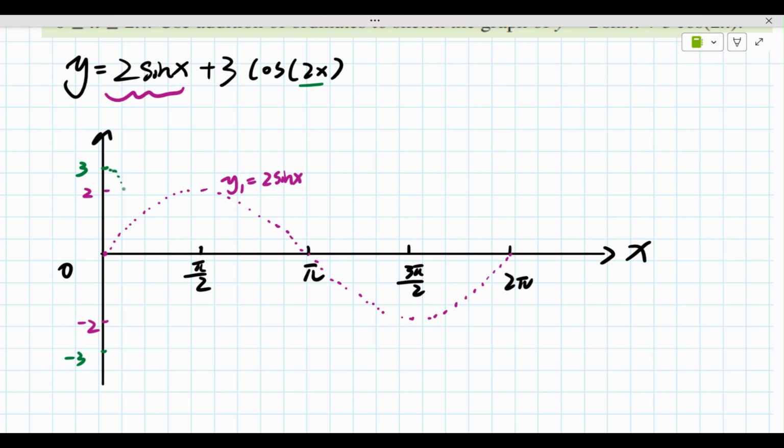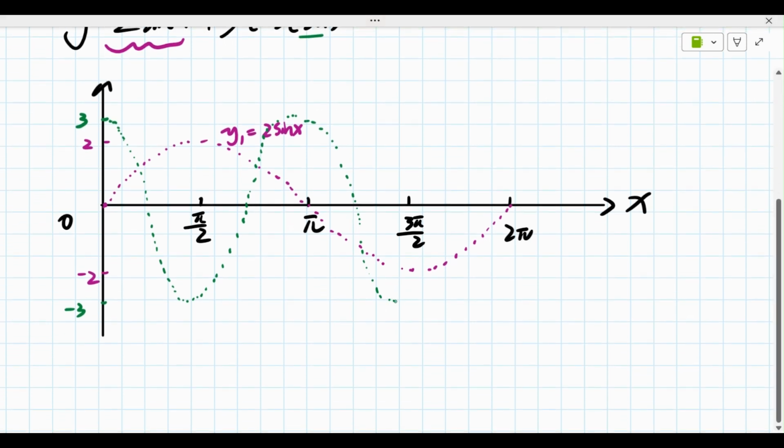So that graph will look like that. Keep going until you hit 3. There you go. So that graph will be y2 equals 3 cosine 2x.